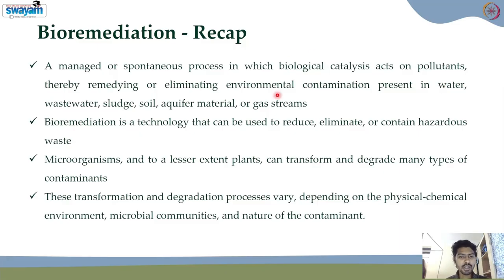So, in short, bioremediation refers to cleaning up the environment using a biological source. We call this term bioremediation. And how does it help? It helps to reduce, eliminate, or contain these hazardous contaminants from entering into the environment.